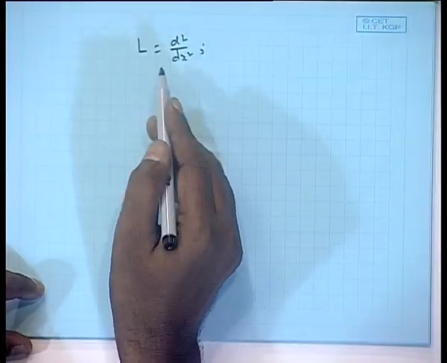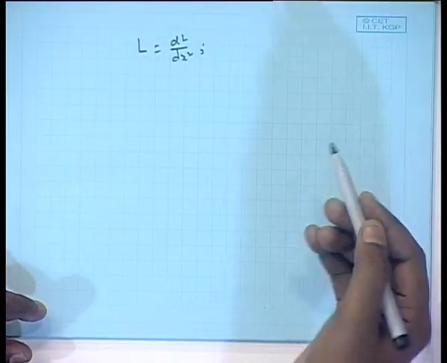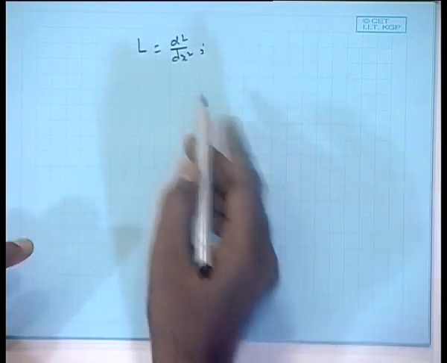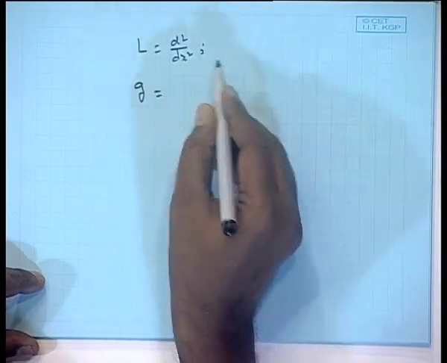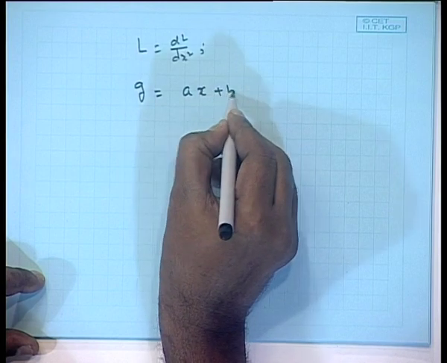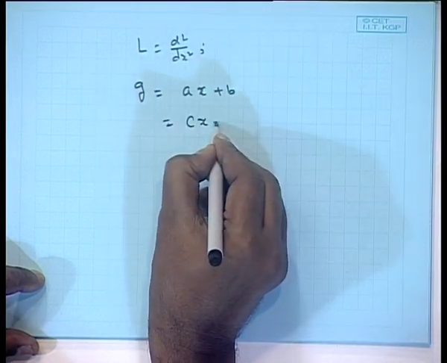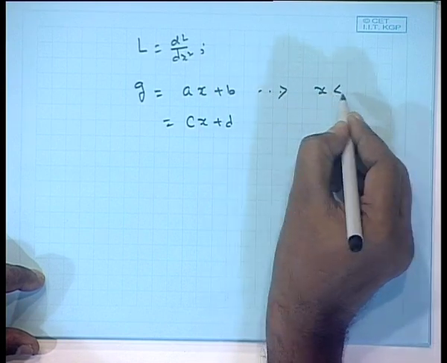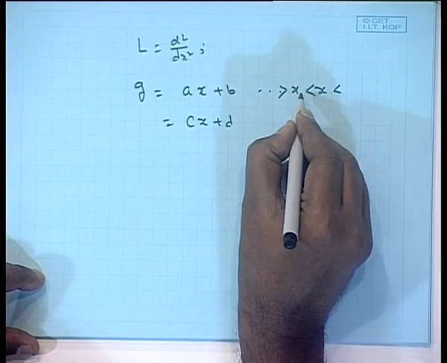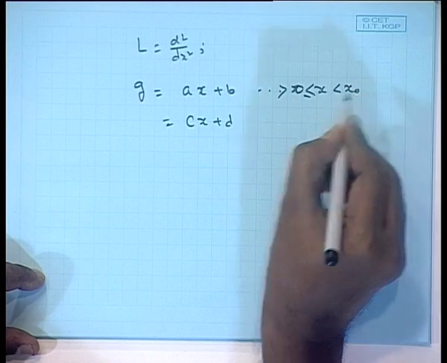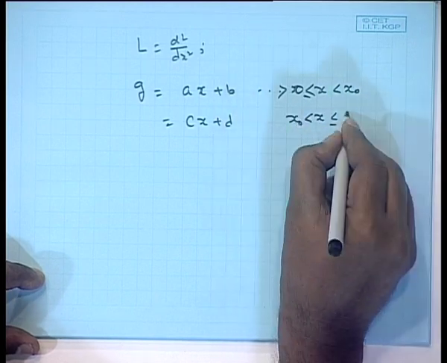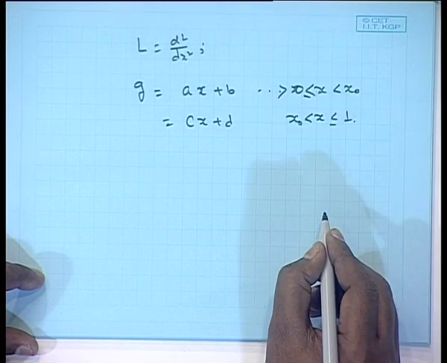Let us say G is equal to Ax plus B and Cx plus D for the region x lying between 0 and x naught, and between x naught and 1.